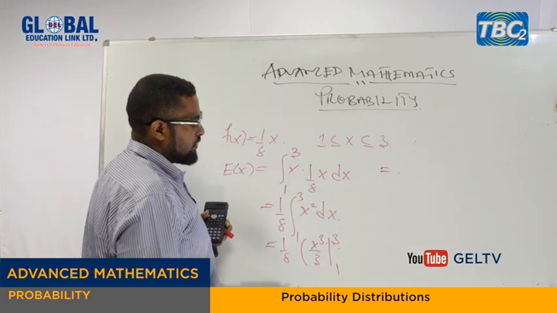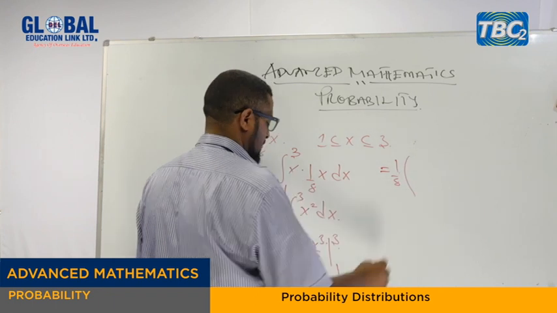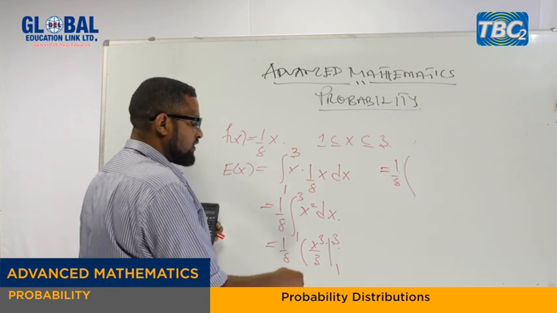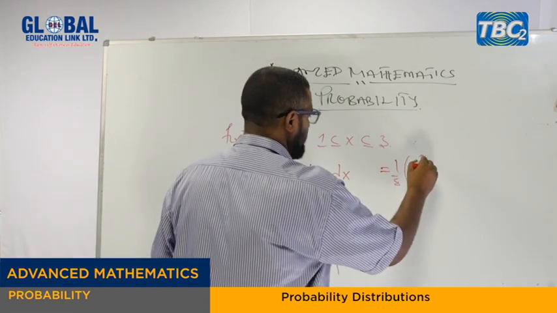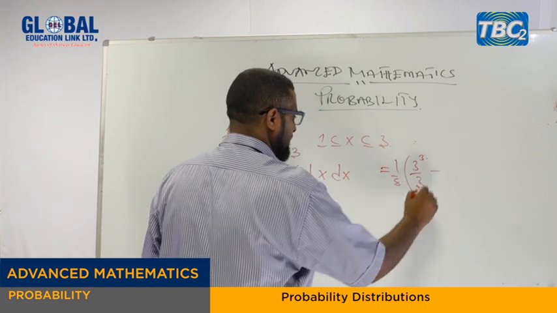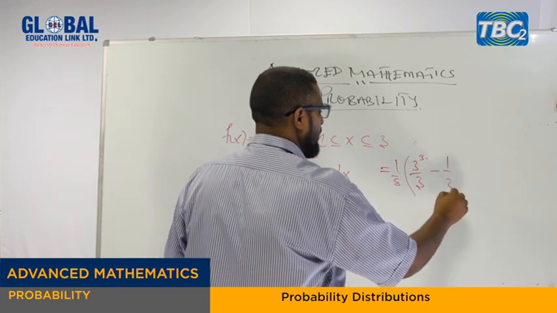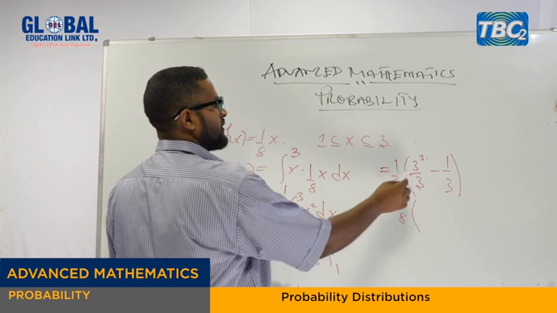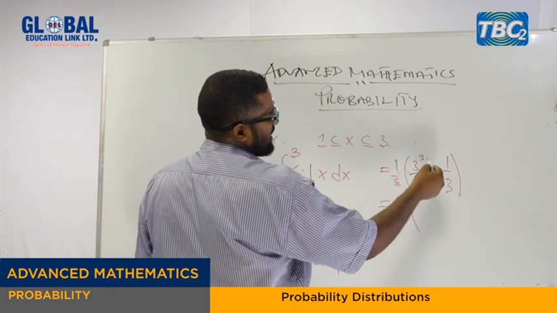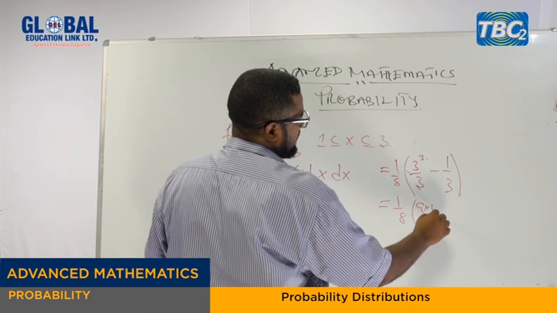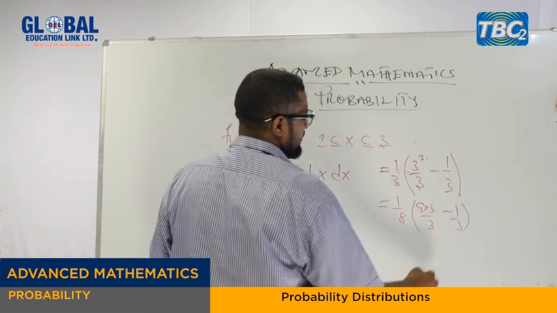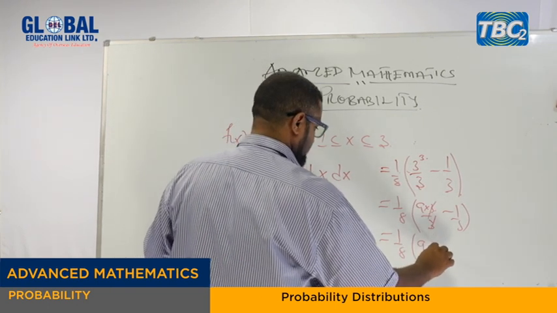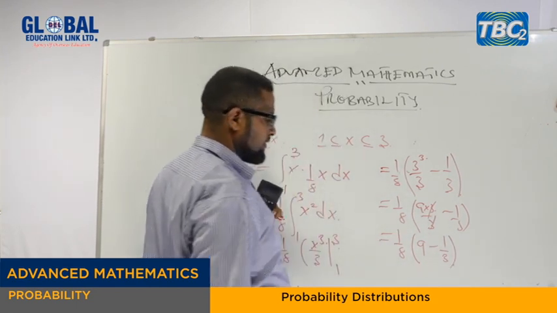Time to substitute the values. So we have 1 over 8, and our values here are 3 and 1. When we substitute 3, it will be 3 to the power of 3 over 3 minus 1 over 3. From there, simplify and see what will be the final solution. This is the same as writing 9 times 3 divided by 3 minus 1 over 3. So 3 and 3 will cancel, and you have 1 over 8 times 9 minus 1 over 3.